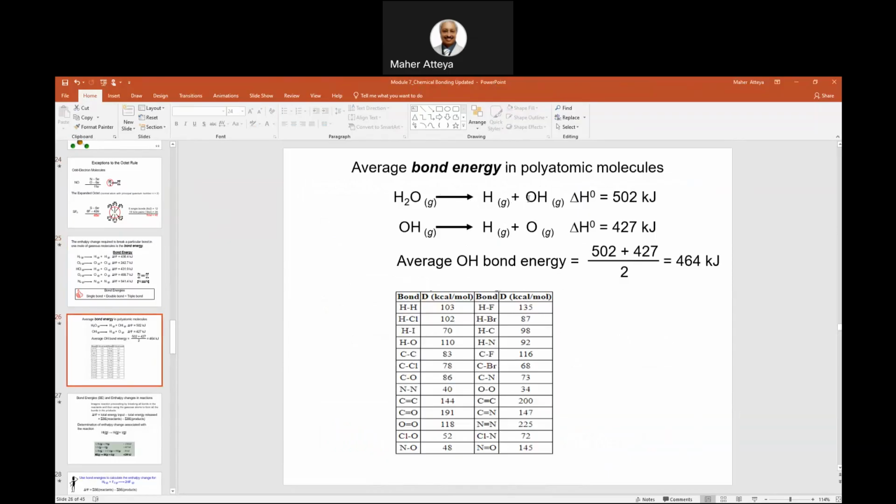Average bond energy in polyatomic molecules. Here is just an example, correct? The value will be given to you in a table inside the final exam. So like hydrogen, H and OH, OH, H and oxygen. There are two processes here.